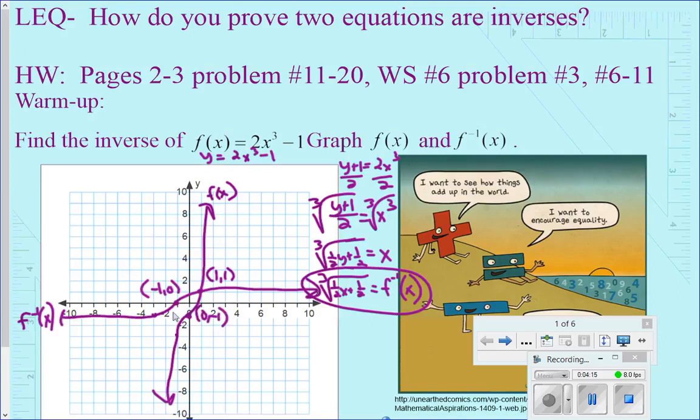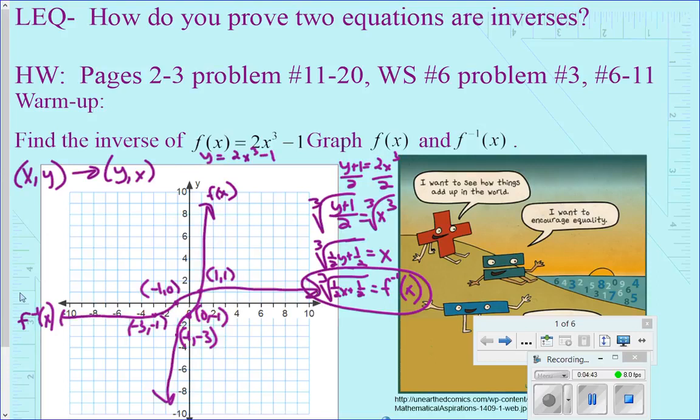And we had negative 1, negative 3 on the original, and negative 3, negative 1 on the inverse. So the relationship between a function's graph and its inverse graph is that x, y on the original becomes y, x on the inverse.